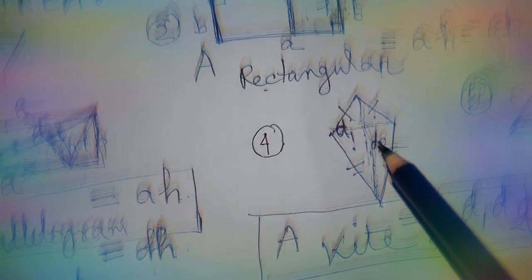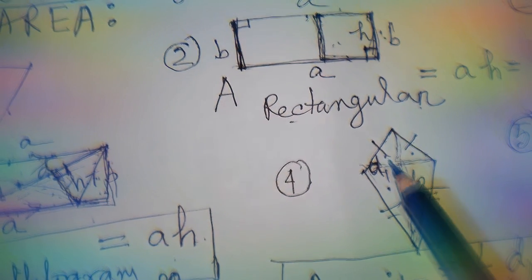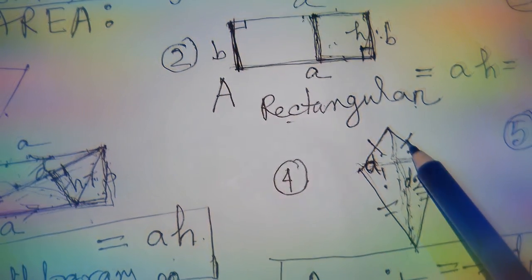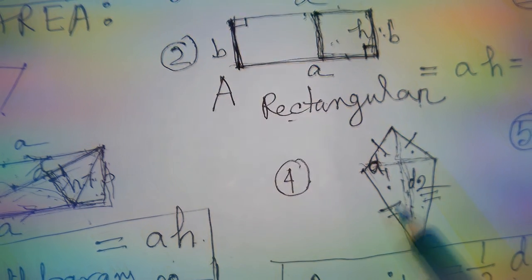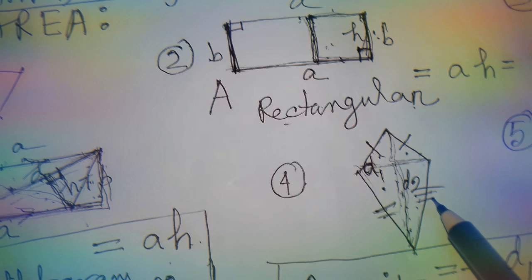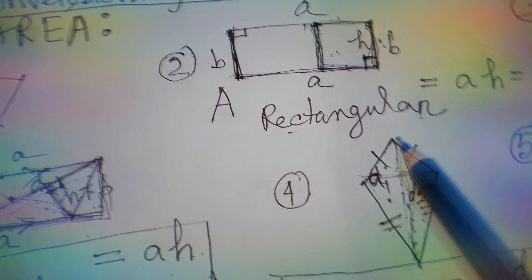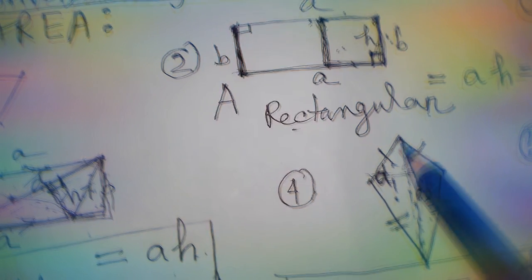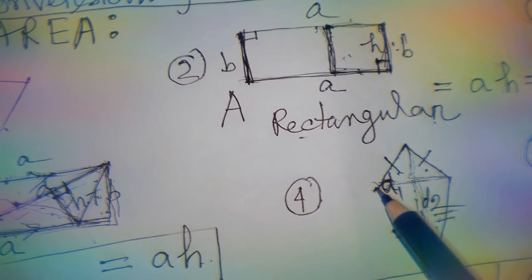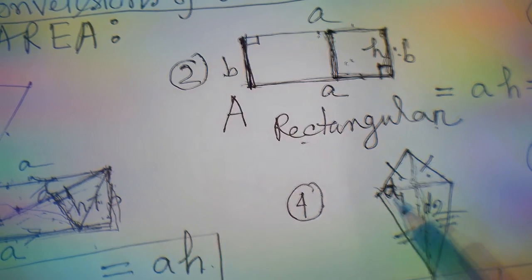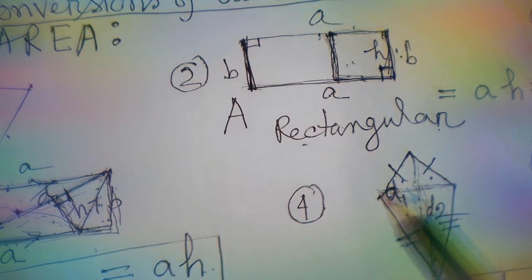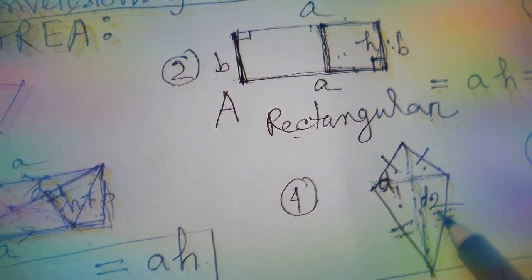Now another interesting thing is a kite, you know. The condition of a kite is that this side and this side are equal, this side and this side are also equal. Okay, so if you draw diagonals, this and this diagonal, D1, this one D1, this one D2.